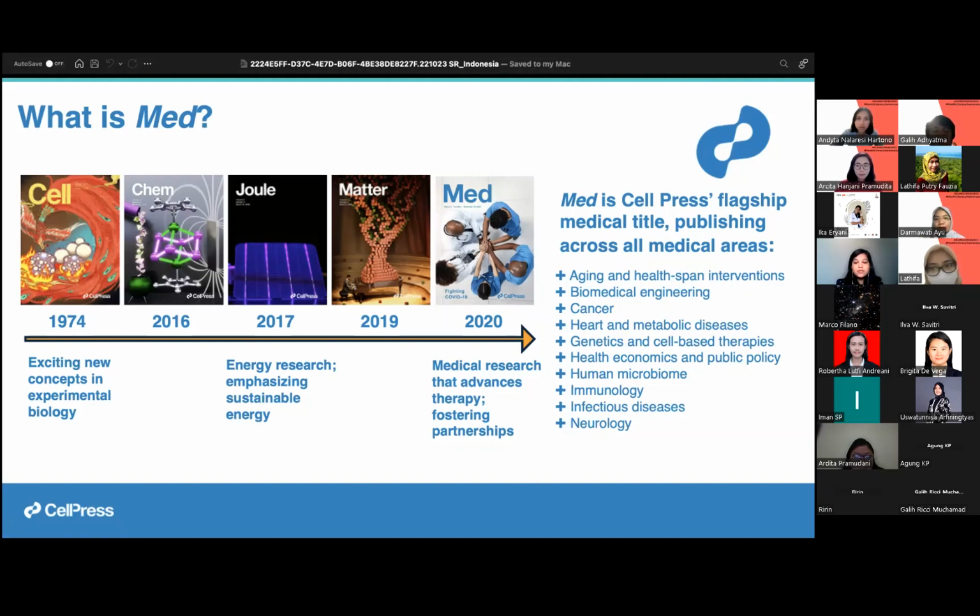So our vision for Med was to serve as a platform that will bring together people who are working in healthcare research across the spectrum. So people in academic centers who are doing clinical research, clinicians who are working with patients, but also people from the biotech and the pharma industries who are carrying out research to develop new drugs or new devices or diagnostic tools or what have you.